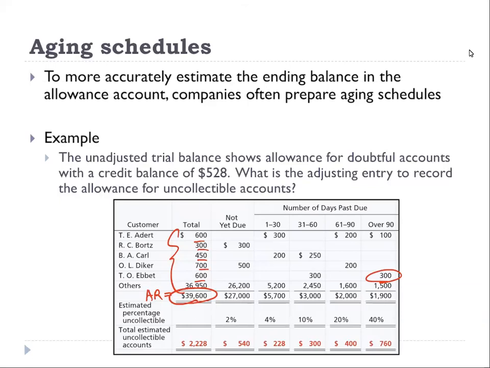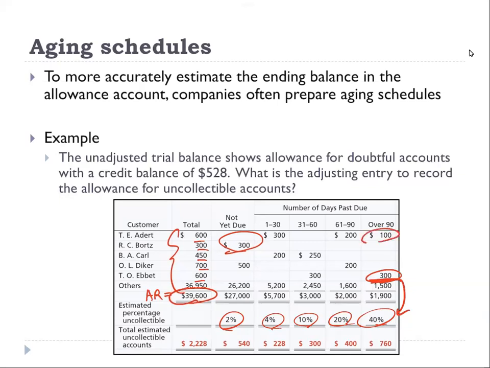And a receivable which is not yet due may have a lower probability of default. So we separate those different receivables into different age categories, and then we multiply them by different probabilities of default.